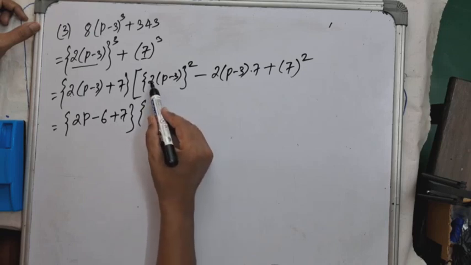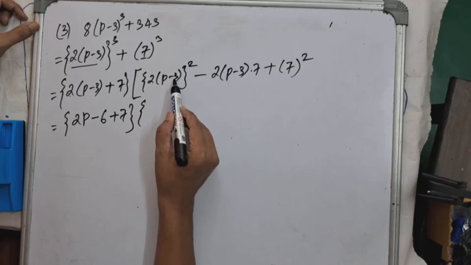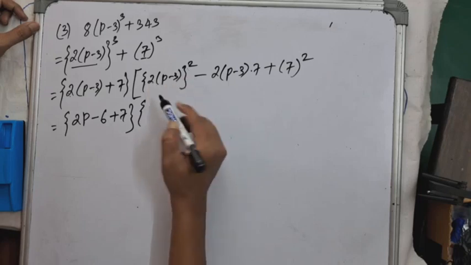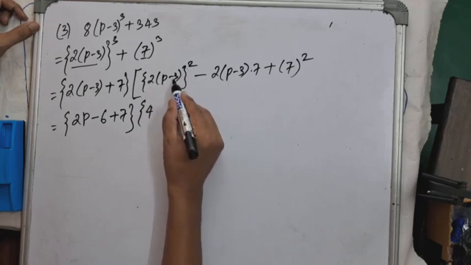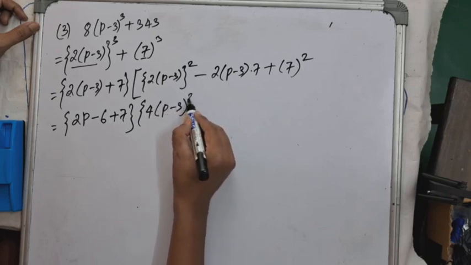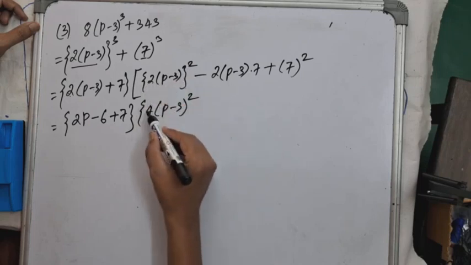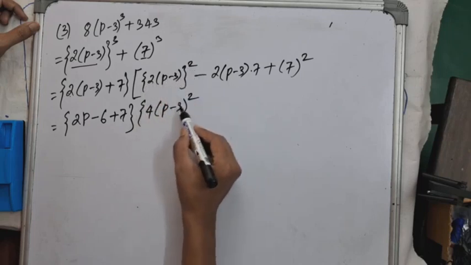Now we have 2 squared, this square is for both the numbers 2 and p minus 3, okay. So 2 squared is 4, p minus 3 squared is p minus 3 squared.